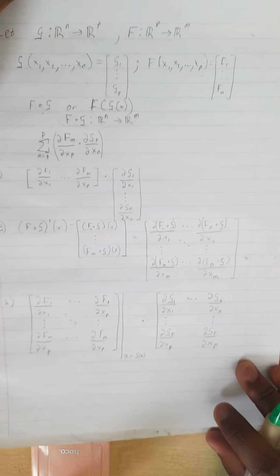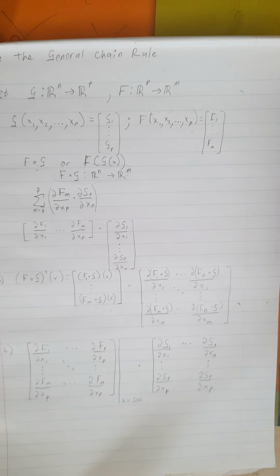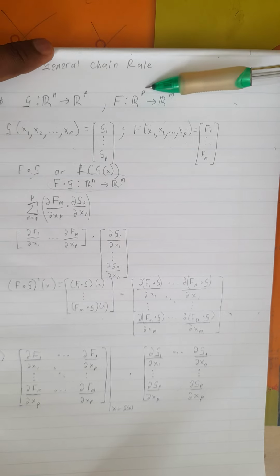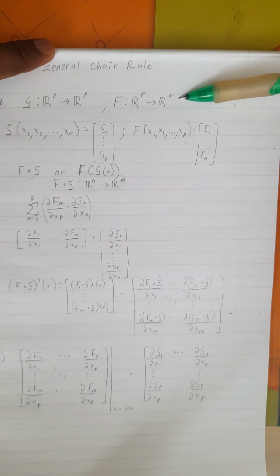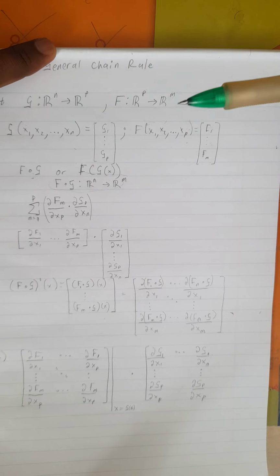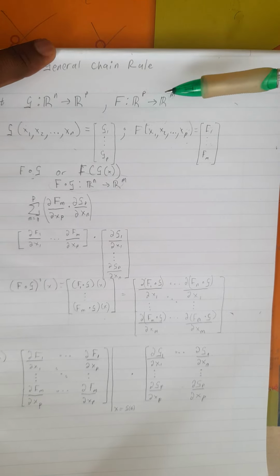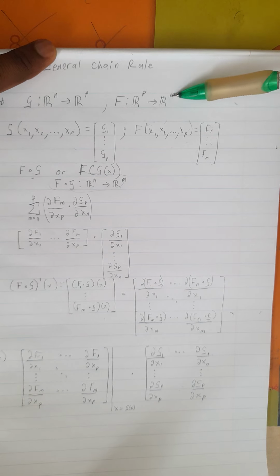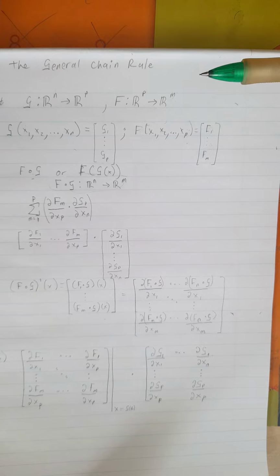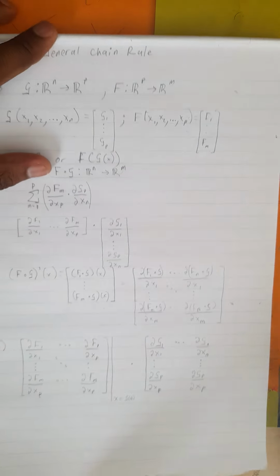Because remember, here we're taking f mapping from Rp to Rm, and here we're taking g from Rn to Rp. So this has to swap, having m rows and p columns. And the same idea is here.